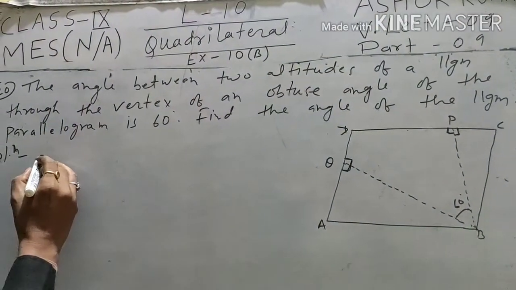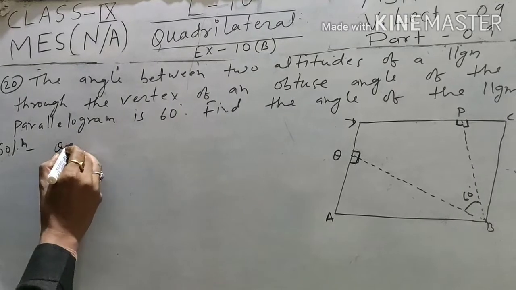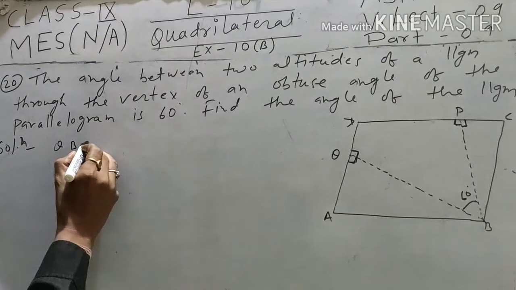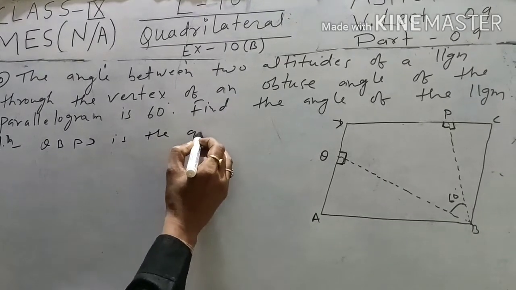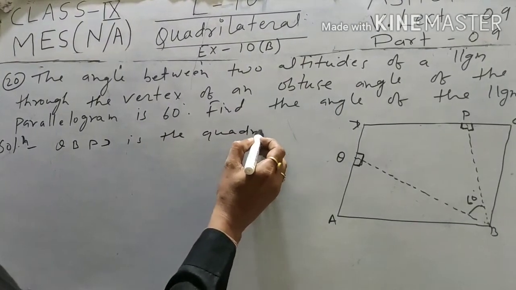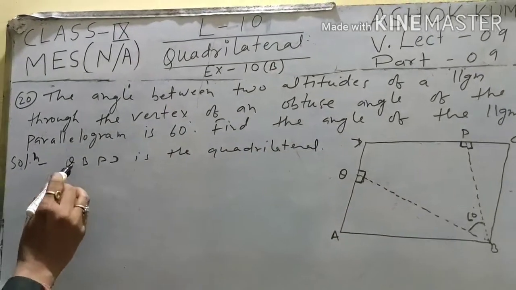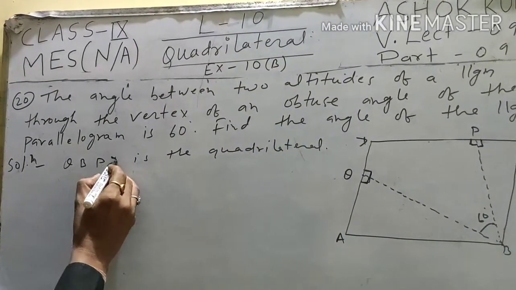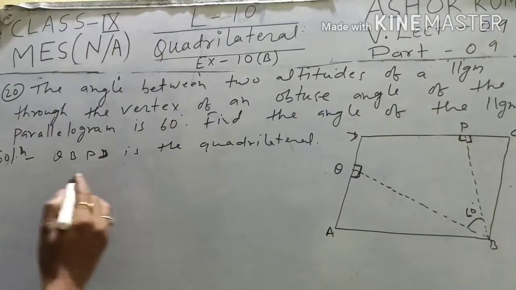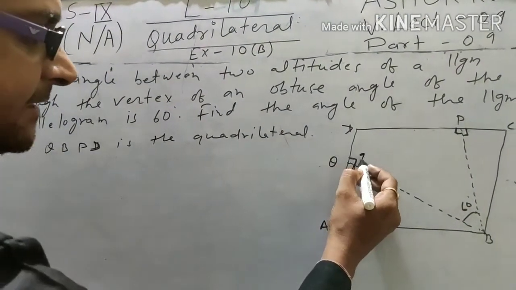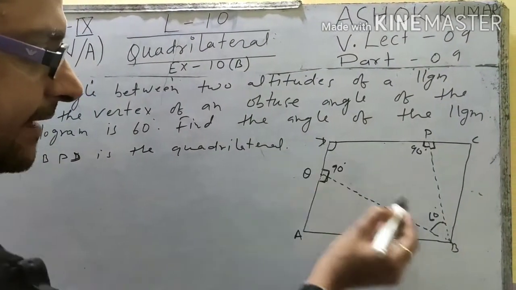Okay, student. Here QBPD is the quadrilateral. So here this angle is 90 degree, this angle is also 90 degree, and this angle is 60 degree.